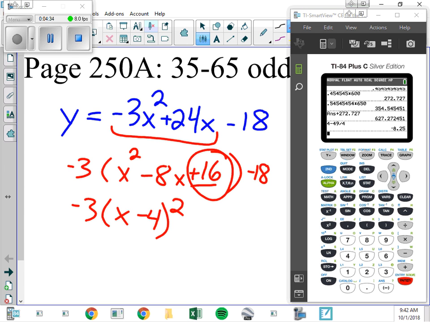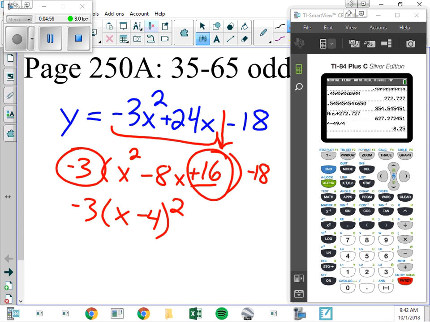What do I do to balance out that plus 16? Well, it's not really a 16. It's negative 3 times 16, which is negative 48. So by placing a plus 16 underneath this negative 3, I've essentially subtracted 48 from the equation.